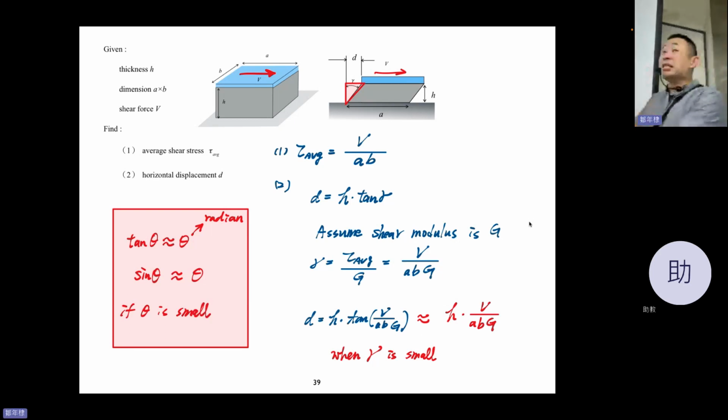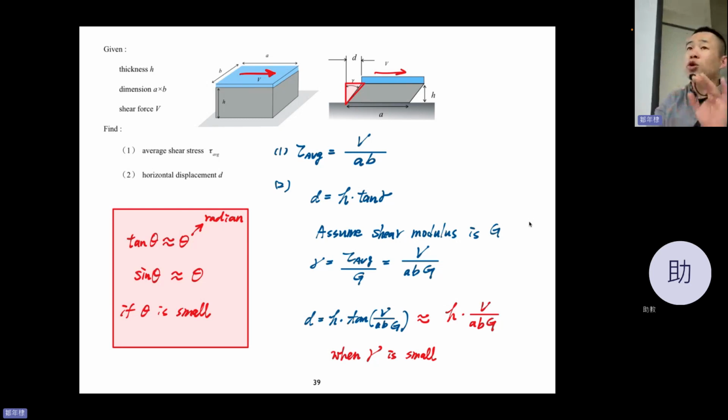So this problem is very simple, right? Very easy, too easy to be true. But the main concept I want to give you in this problem is that if you have theta very small, which is shear strain, which will always be the case in this course, because we all talk about small deformation, infinitesimal displacement.